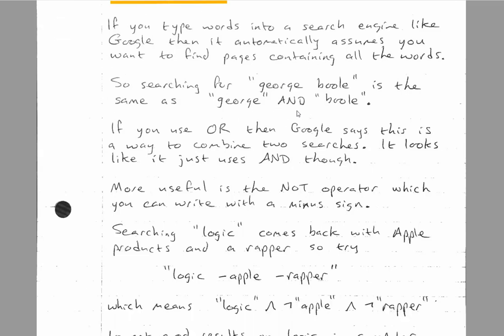So it assumes that you're using and. So if you search for George Boole, that's the same as you're looking for George and Boole together. You're looking for pages that contain both words.